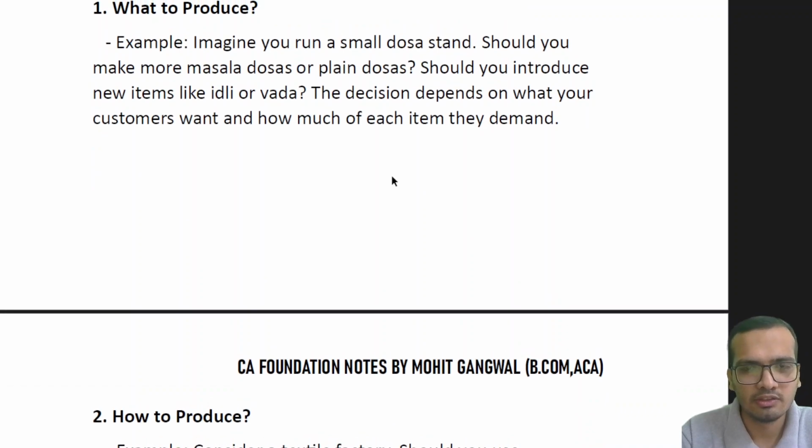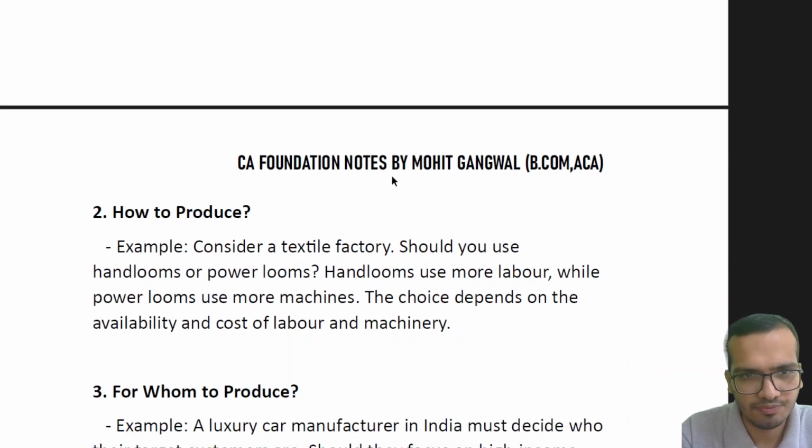So you can't serve anything else if your customer is wanting more of the masala dosas or plain idlis. You can't start introducing some Chinese dishes or some Italian cuisine, which will not be of much use for your customers.